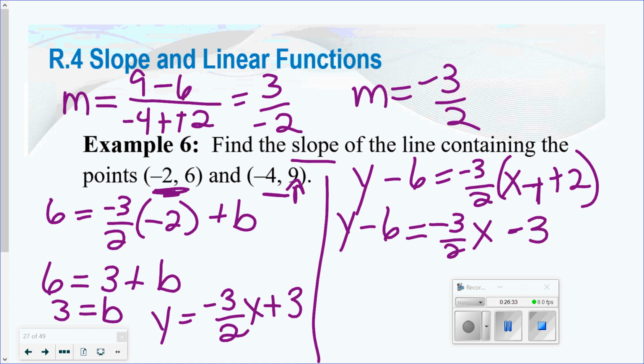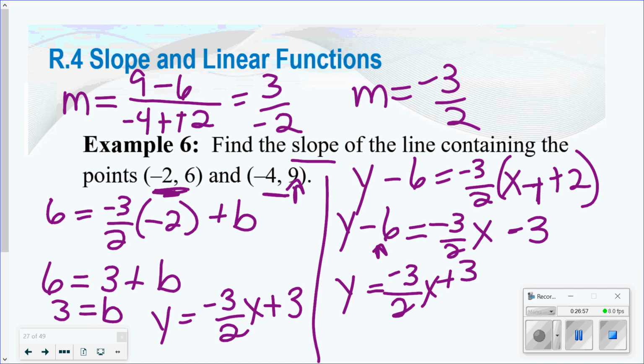Then we're going to add 6 to both sides, and I'm going to get y equals -3 halves x plus 3.